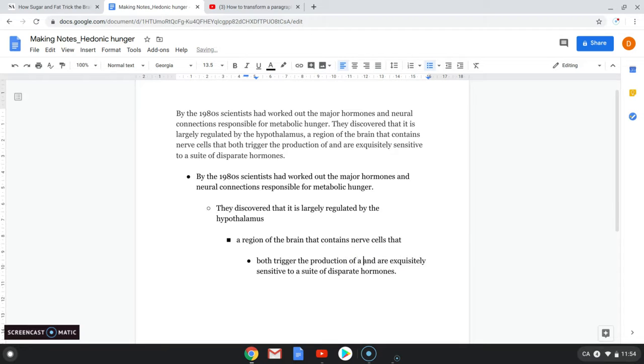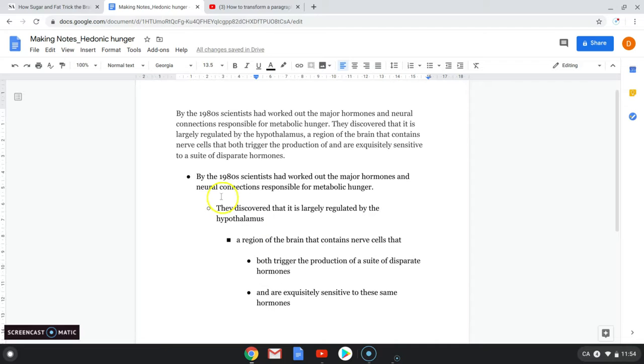Of a suite of disparate hormones and are exquisitely sensitive to a suite of disparate hormones. Well, it's the same ones, so let's make that simpler. To these same hormones. Okay, get rid of the little period, skip an extra line for clarity.